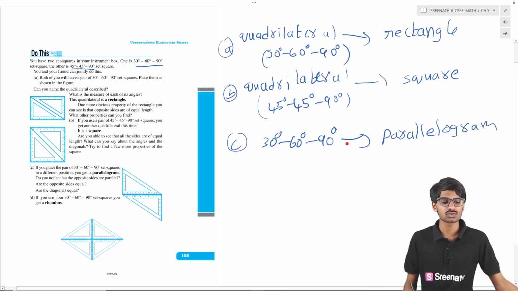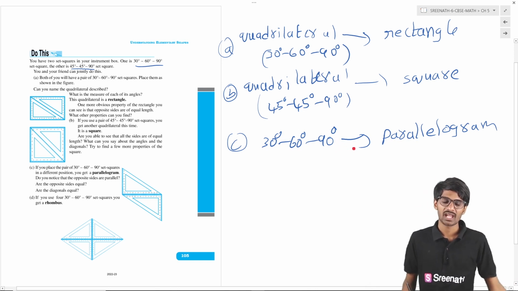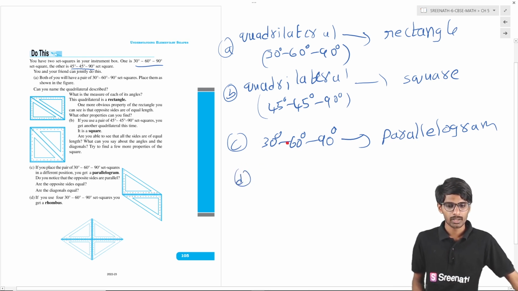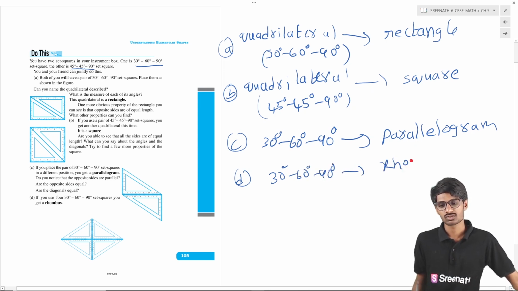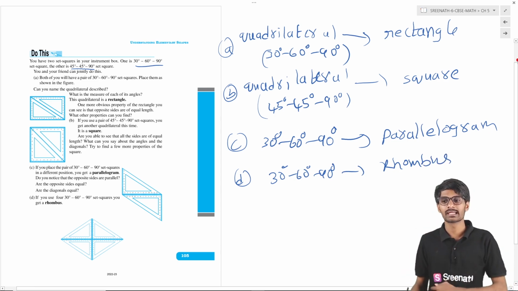In this case also find the measure of the lengths and the angles. Next, by using 30 degrees, 60 degrees, 90 degrees set squares, you can form a rhombus also. In this case also just measure the lengths and the angles.